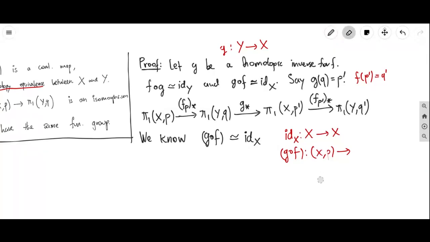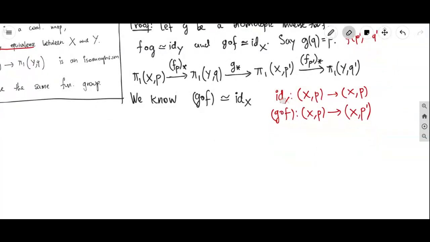F sends P to Q, and G sends Q to P prime. So this is from X comma P prime. Whereas the identity mapping on X, to be more specific with the points, is sending X comma P to X comma P.